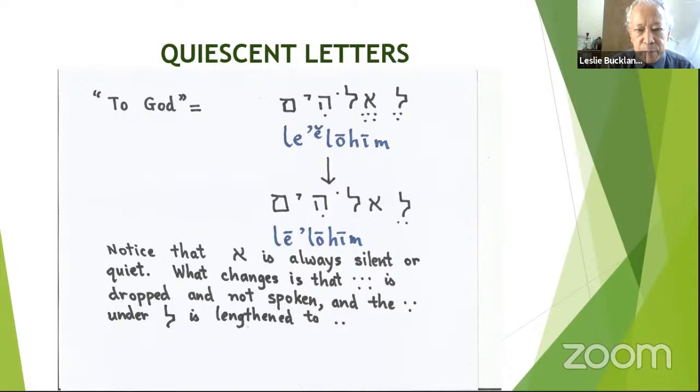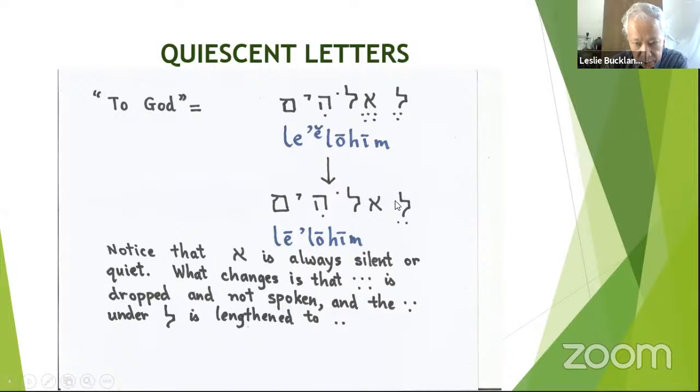And because of the removal of the composite schwa, then the segol is further lengthened. This vowel is further lengthened to its long vowel form. So the E is lengthened to A, Lelohim. Yes, sir. Thank you.